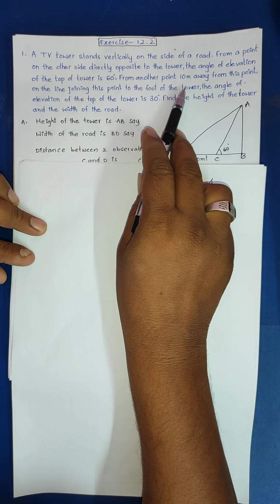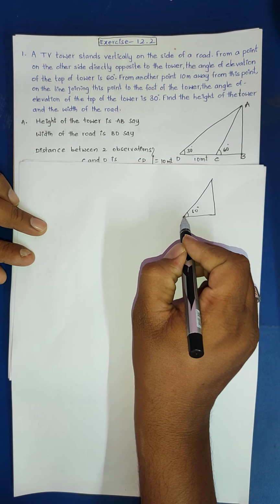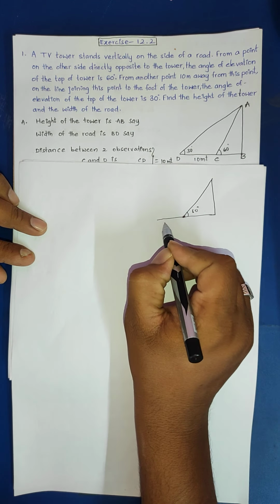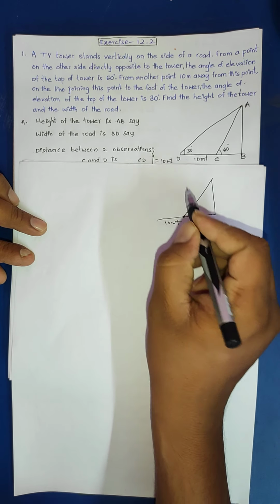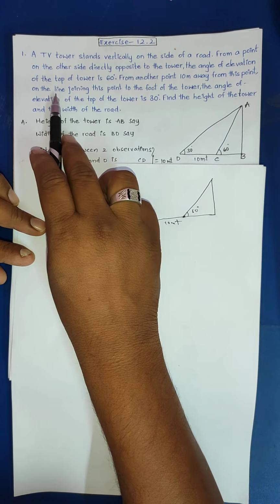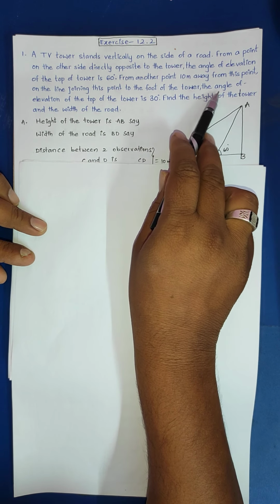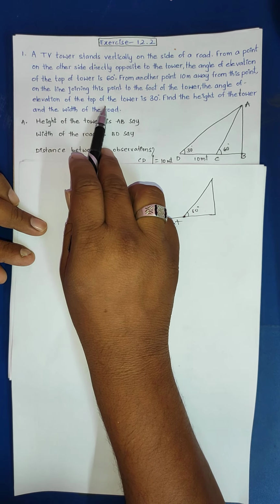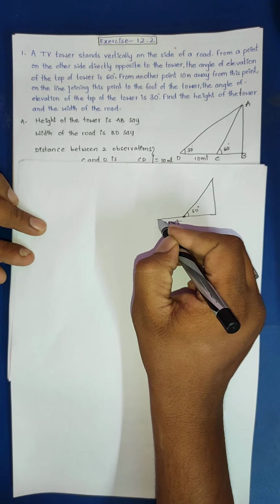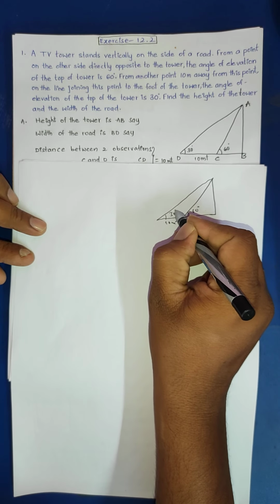From another point 10 meters away from this point, on the line joining this point to the foot of the tower, the angle of elevation of the top of the tower is 30 degrees. This elevation angle is 30 degrees.